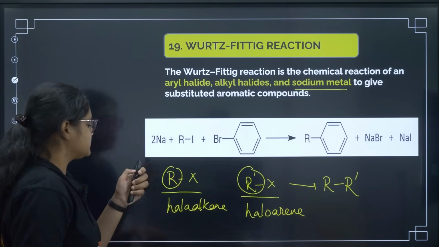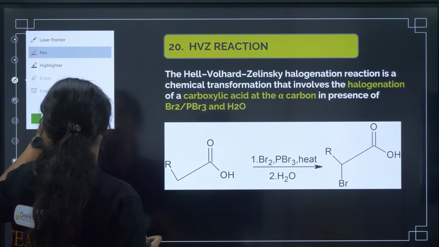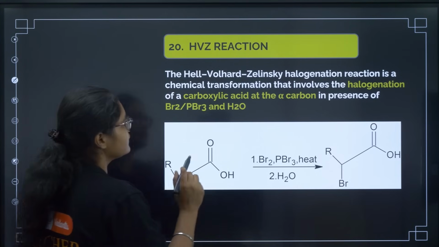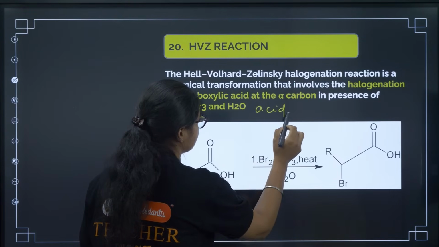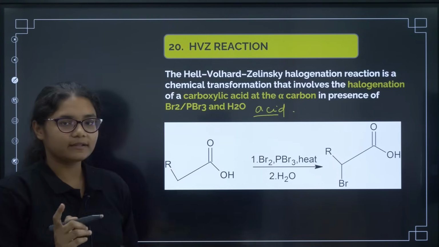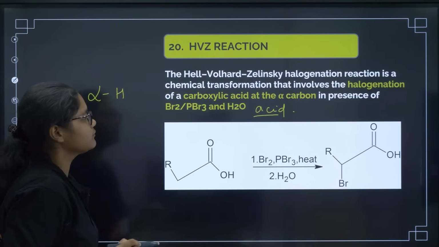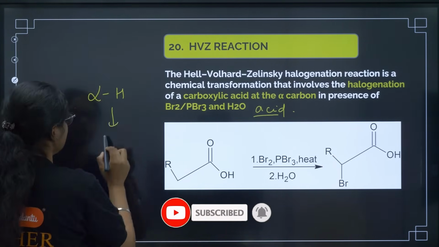Okay, so next reaction is the HVZ reaction. In this reaction, first of all the reactant should be a carboxylic acid. Okay, one important thing that you have to remember for this, it should have alpha hydrogen. What this reaction does is it replaces the alpha hydrogen with a halogen.